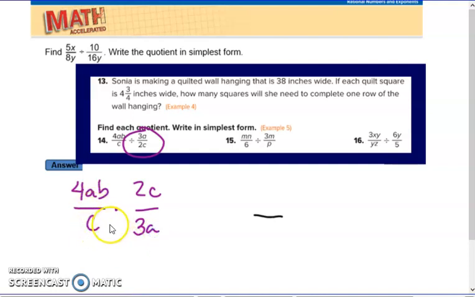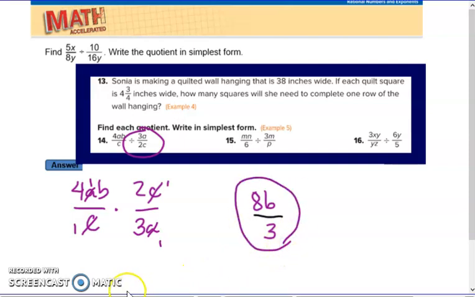Let's do our dividing, canceling out. So we got a c over here, a c over here. That makes a 1 and a 1, right? We've got an a and an a. So this denominator is pretty nice. It's just 3. And then the numerator is 4 times 2 is 8, and then times b. And that's it.